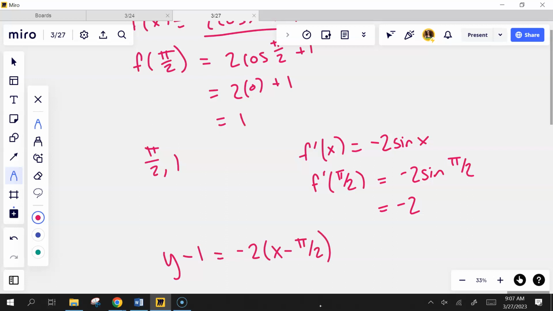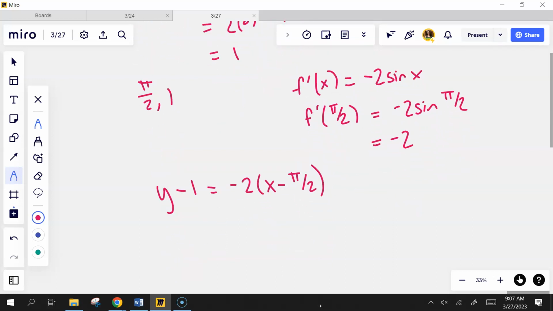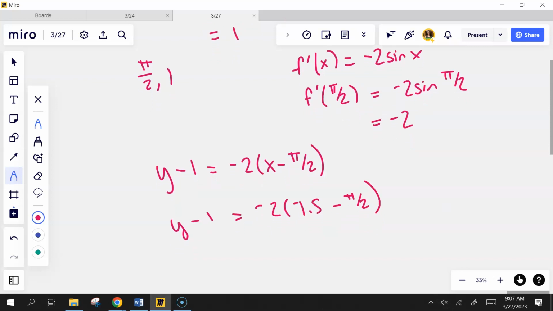Now it asks me to plug in 1.5. y minus 1 equals negative 2 times 1.5 minus pi over 2. And at this point I went, my answer is never going to look like theirs. But this is 3 over 2. Negative 3 plus pi.